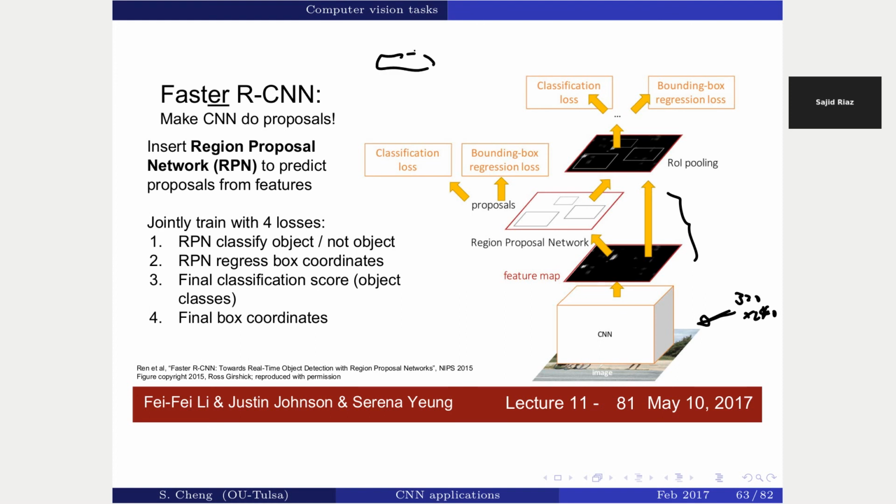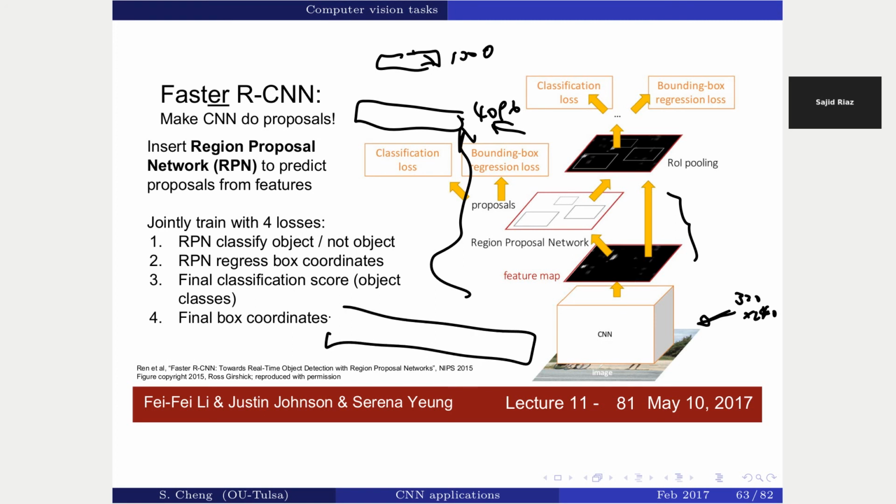Somewhere near the end there's a layer of 1,000, and before that I have 4096, like in AlexNet. There are many conv layers up to here, and the length of this layer depends on the size of the input.